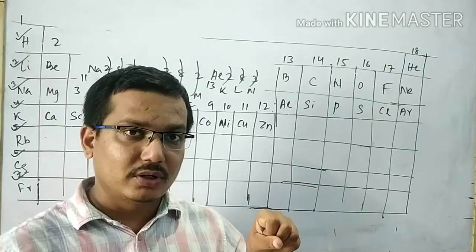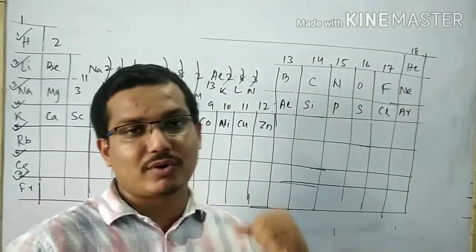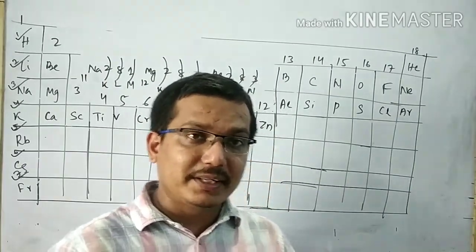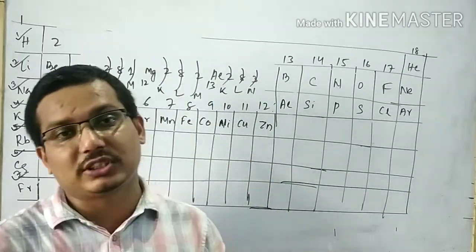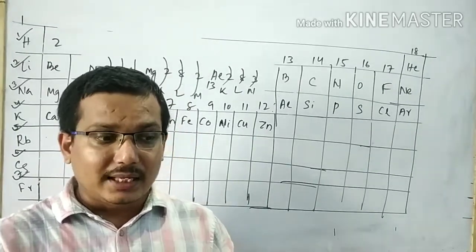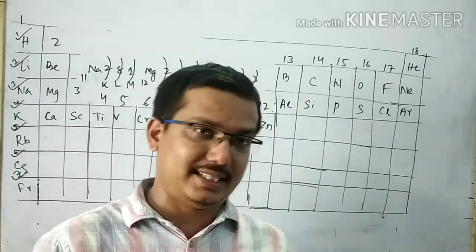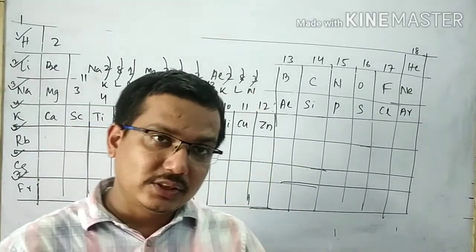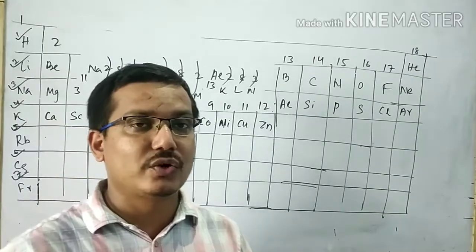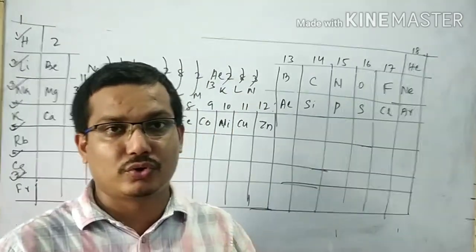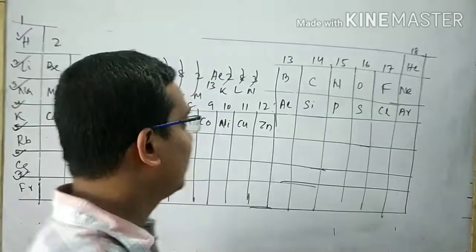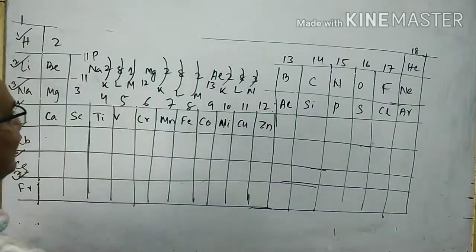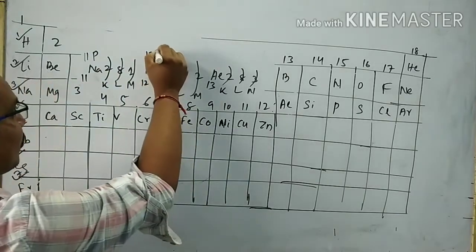Always remember, the nucleus always attracts the electron towards itself. Again, we know that the distance between the valency electron and the nucleus is called atomic radius. If the nuclear force goes on increasing, then the valency shell is more attracted by the nucleus and comes closer to the nucleus. In case of sodium, 11 protons are present. In case of magnesium, 12 protons are present.